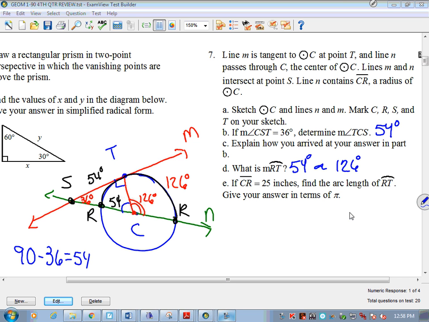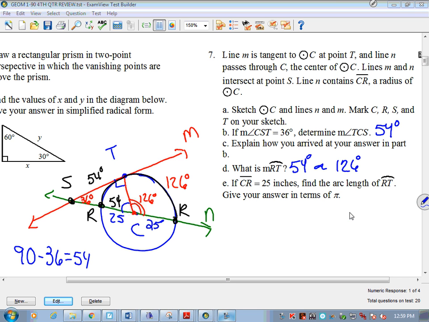All right. So if CR is 25 inches, which makes it the radius, find the arc length of RT. Let's go ahead and base that on this side since we want it to be able to match up. Arc length is using what formula?